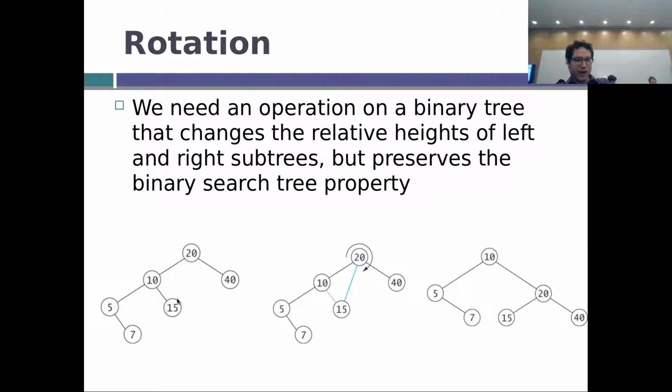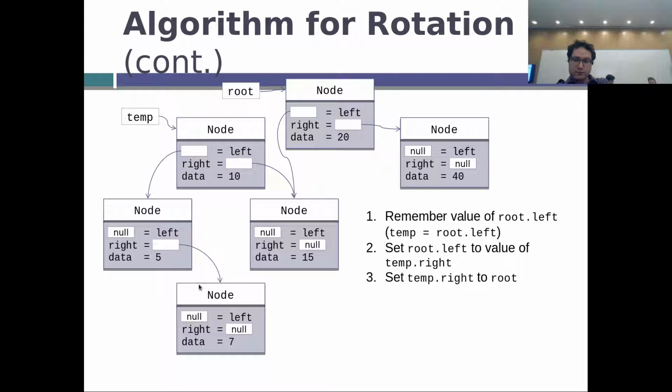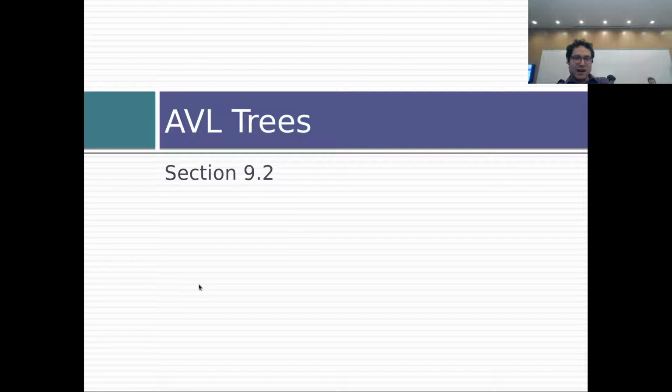So making 15 the left child of 20 still works. And then once we move this node up, everything to the right of 10 has always been larger than 10, so it maintains that property. That was a bit of a lame explanation, but it's easier to see.